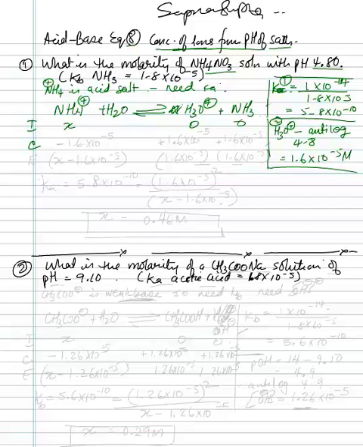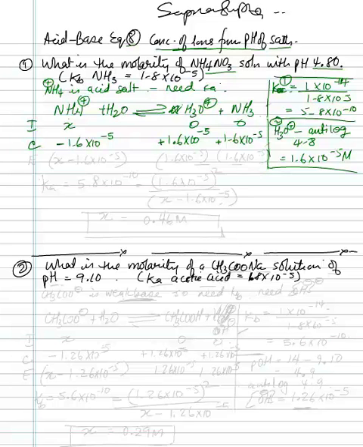The change is that because we have an acidic salt, you're going to form 1.6 times 10 to the negative 5 molar of the hydronium ion and 1.6 times 10 to the negative 5 of the ammonia. Meanwhile you're subtracting from the ammonium ion, so 1.6 times 10 to the negative 5.